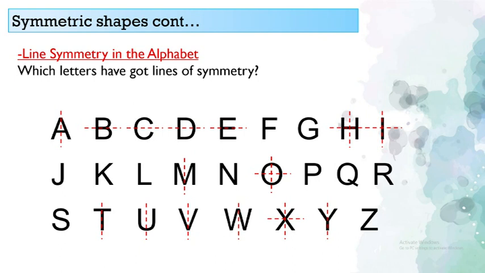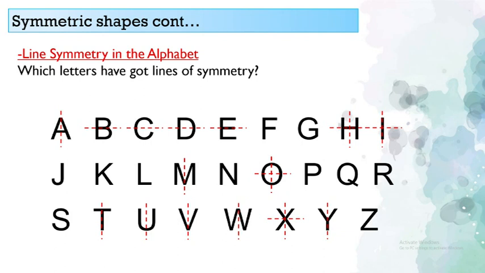Let's look at letter B. Letter B also can be divided into two equal parts. Letter C, letter D, letter E. All these letters have got line of symmetry. That means we can divide the letters into two equal parts.